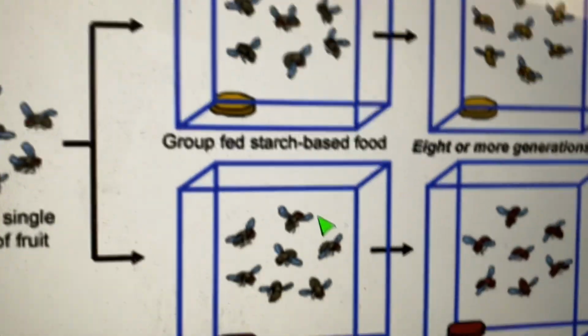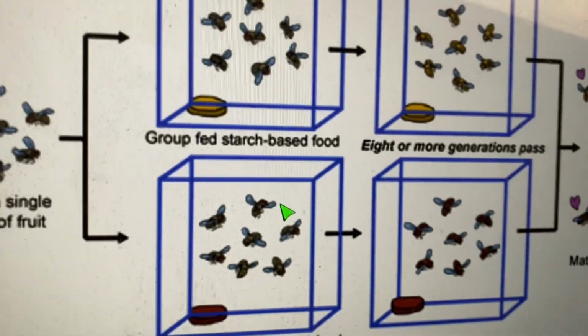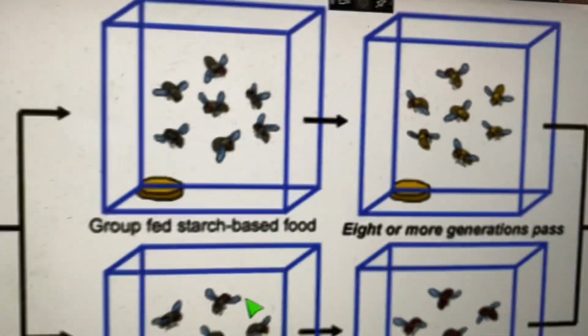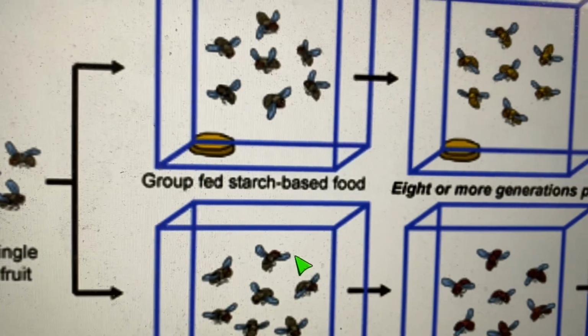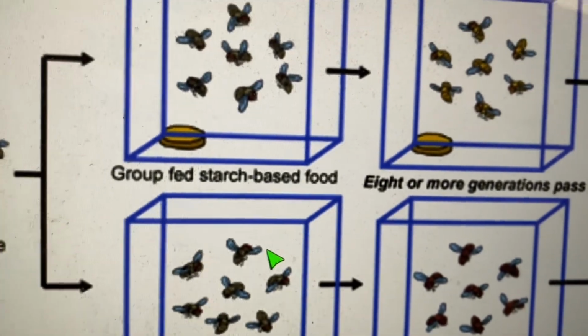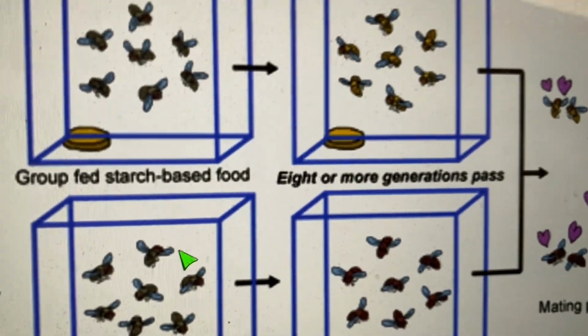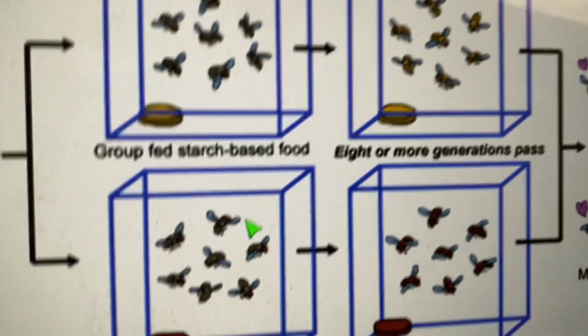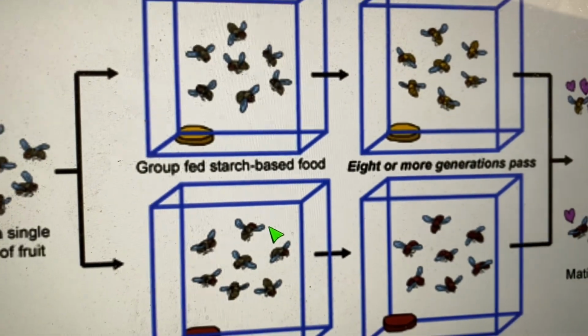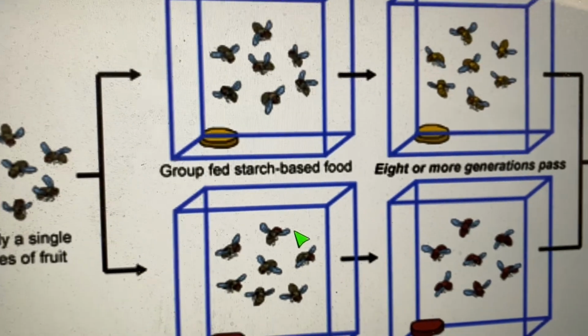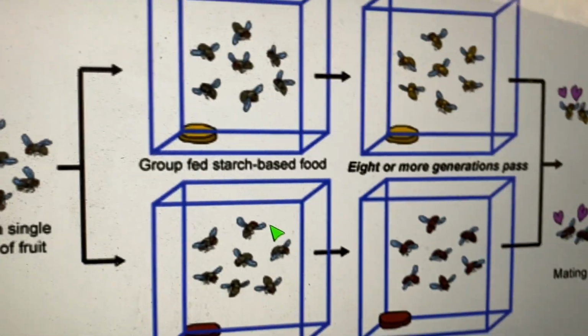In both groups, many, many flies died, but a few survived, and they had offspring. Then many of those offspring died, but a few survived and had offspring. They did that for about 10 generations. In fruit flies, that's only about 10 weeks, like 3 months.